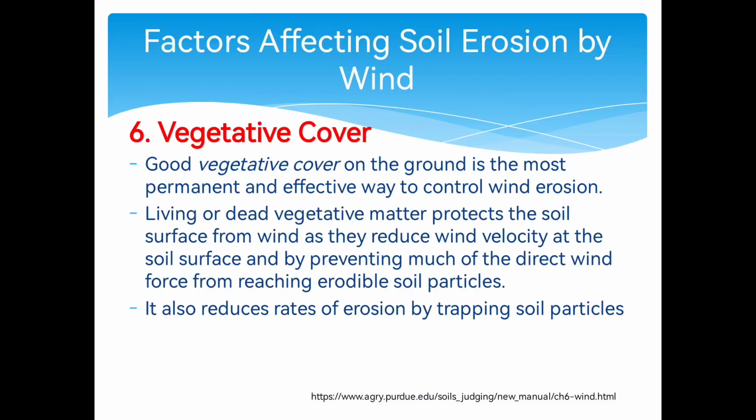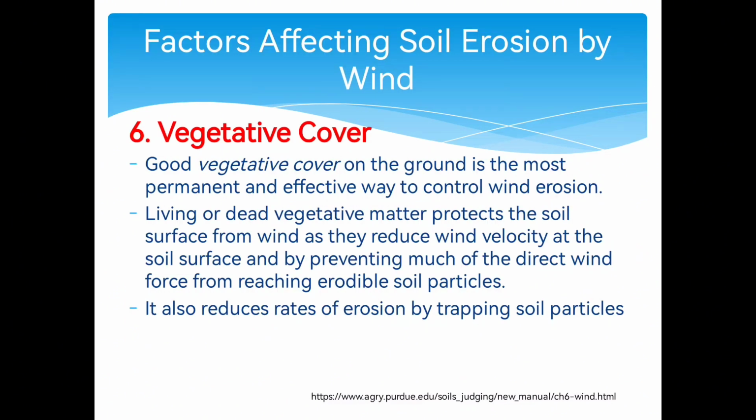And of course, vegetative cover. Good vegetative cover on the ground is the most permanent and effective way to control wind erosion. Kaya, please, dapat talaga magtanim tayo ng mga punong kahoy at saka we should not leave the soil area bare. So kahit kung hindi pa natin ginagamit yung lupa, grasses grow there.